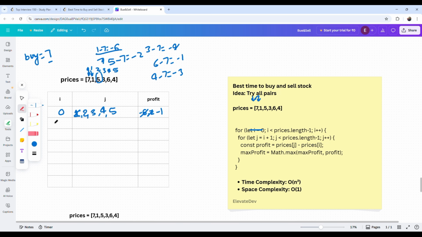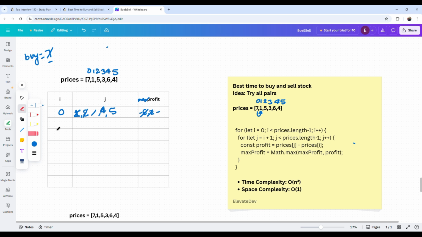So now I equals 1, and then try to compute the profit. For i equals 1, we have 1 at the first position, so my buy price is 1. Let's try to compute the profit here and try to maximize it. Whenever we have i, we have to start j from i plus 1. So if my i is 1, j is going to start from 2.